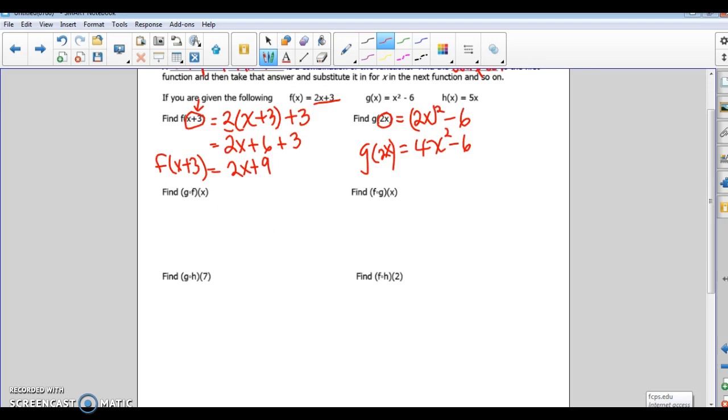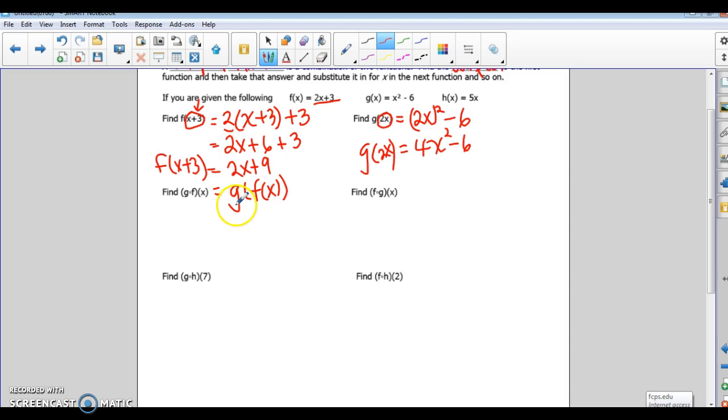Now, we are doing g of f of x. This is a true composite function. When we have g of f of x, this is how you write it: g of f of x.